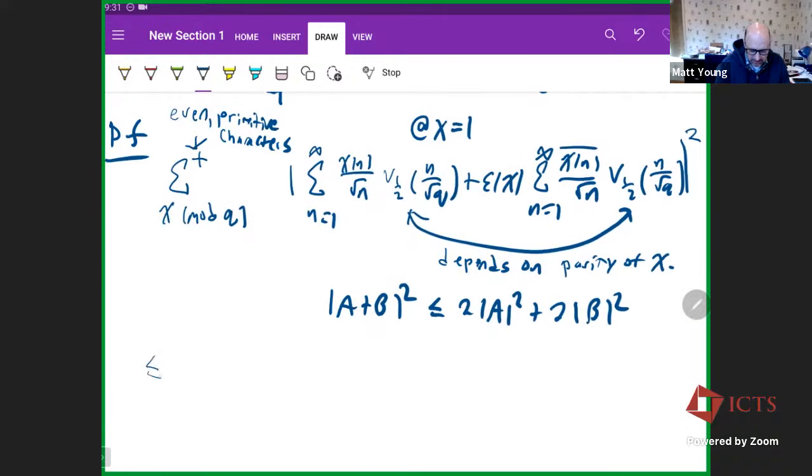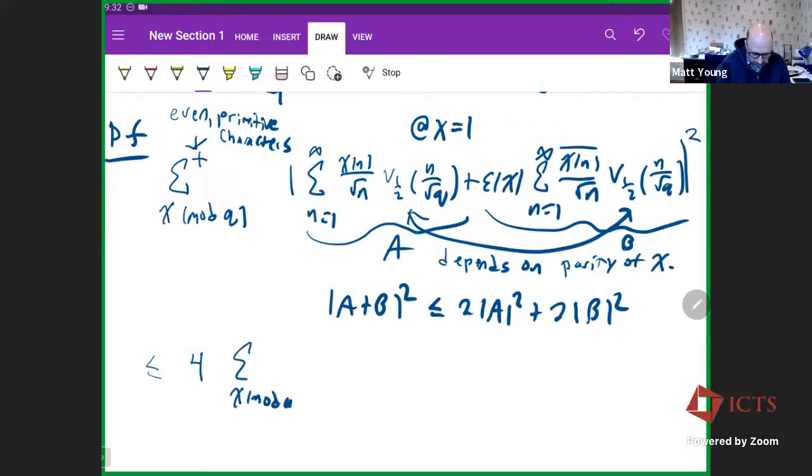So this first sum is A, this second sum is B, and A and B in absolute value are the same thing. So doubling it up again, we get a factor of 4, and then we still have the sum over even primitive characters. And now it's a little bit simpler because we can just look at the first term.